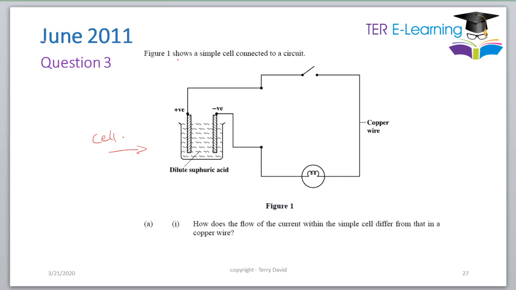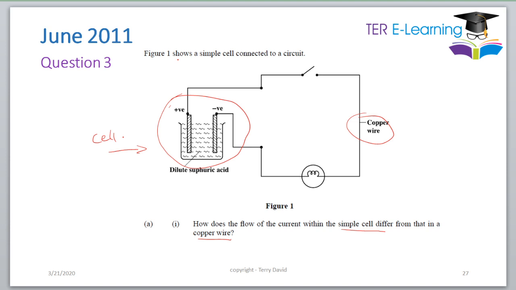Yeah, so as I was saying, we have a cell, and the first part of the question is saying how does the flow of the current within the cell differ from that of the copper wire? So this is the cell here, the cell is producing the electricity for the circuit, and we have the copper wires that we use to connect the circuit. Now they said how does the flow of the current within the simple cell differ from that of the copper wire? Alright?